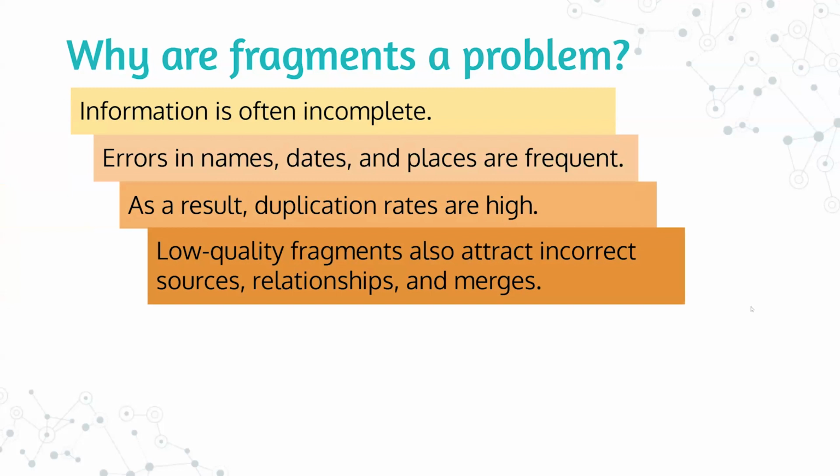Low quality fragments, fragments that don't have enough context, also attract incorrect sources, wrong relationships, and bad merges. And the trouble with that, as a lot of you may be aware, is that when we attach a wrong source in Family Tree, it doesn't know that it's wrong. It thinks it's right because it assumes that users are going to attach correct sources.